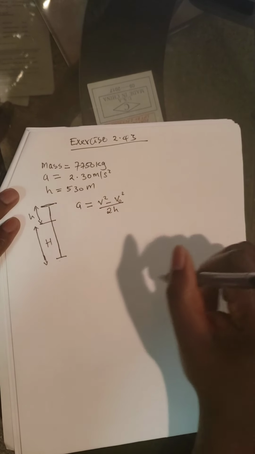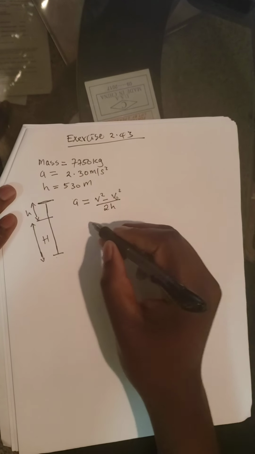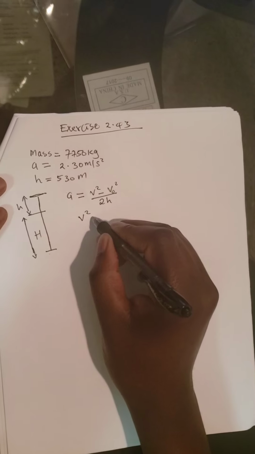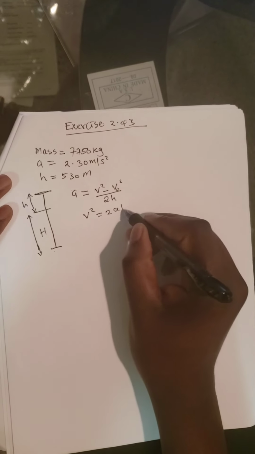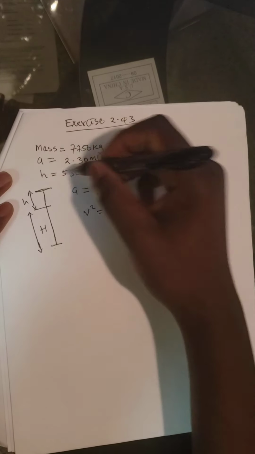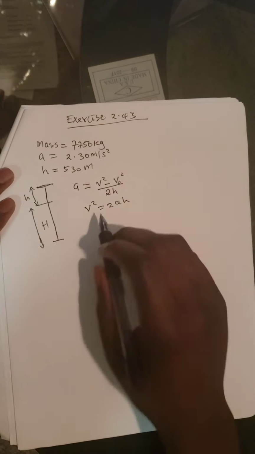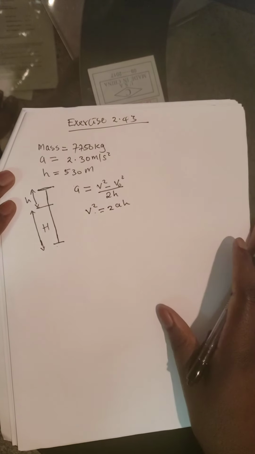H is the height. So the final velocity from this equation will be v equals the square root of 2ah, because it was fired from rest, meaning the initial velocity was 0.